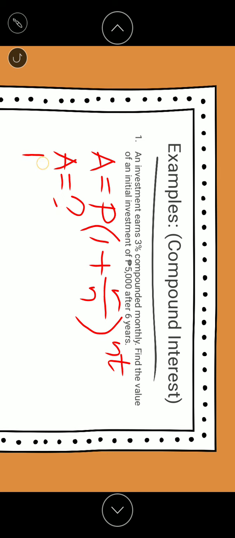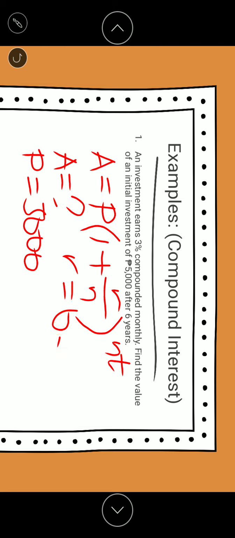P, our principal, is 5,000 pesos. R, or the interest rate, so 3% converted to decimal, 3 divided by 100 is 0.03. So our interest rate is 0.03.